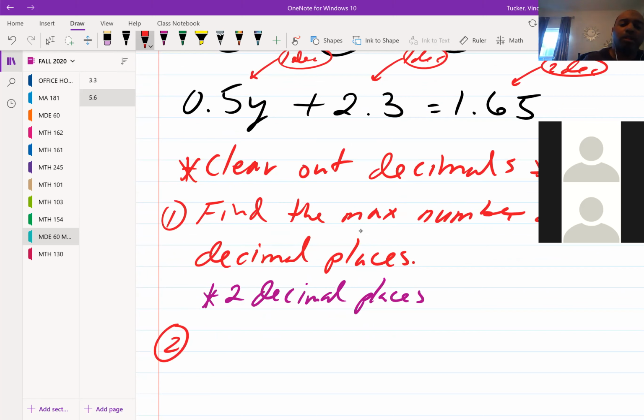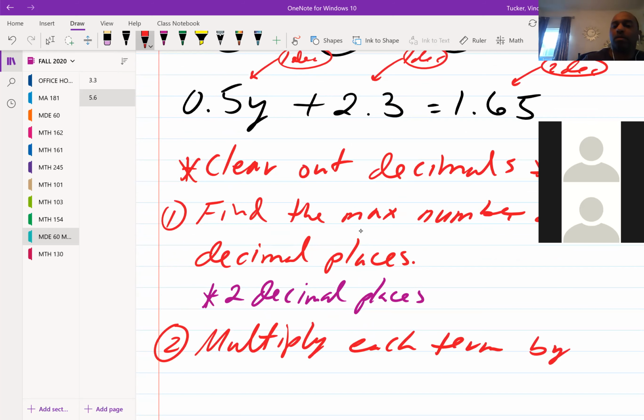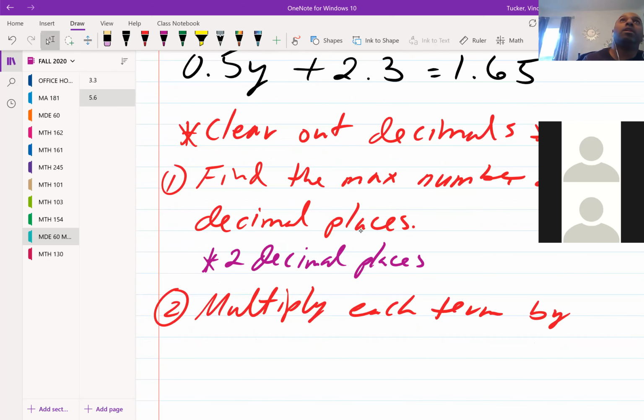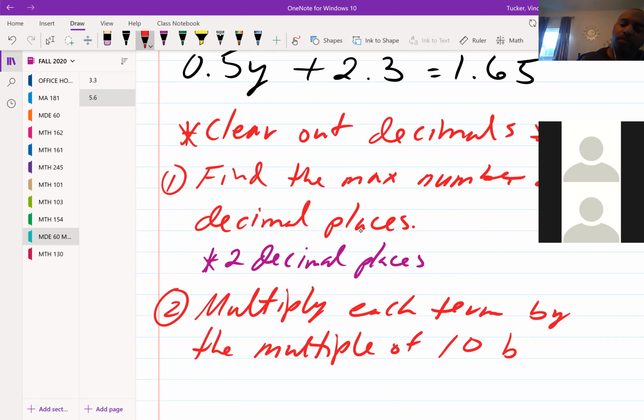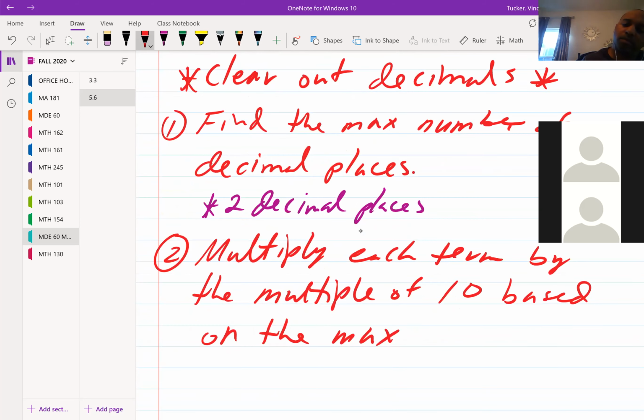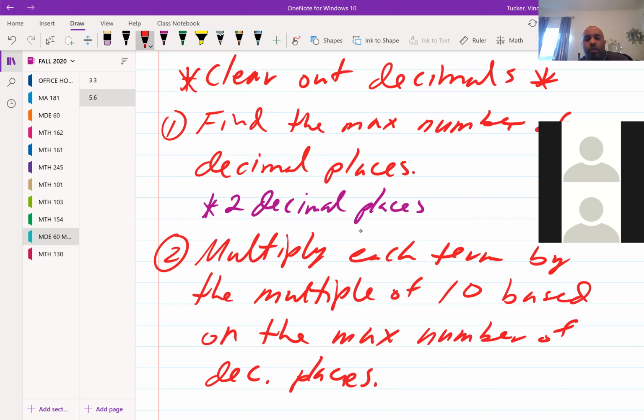All right. Then you're going to multiply each term by the multiple of 10 based on the max number of decimal places.